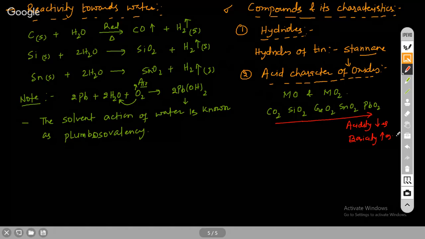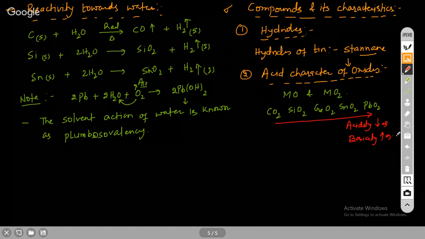Anyone, can you tell me the reason? Yes, you can also say the accessible d orbitals to accept a pair of electrons.